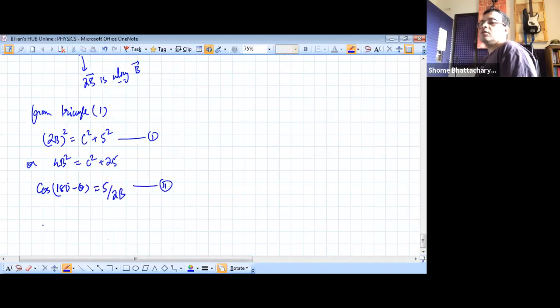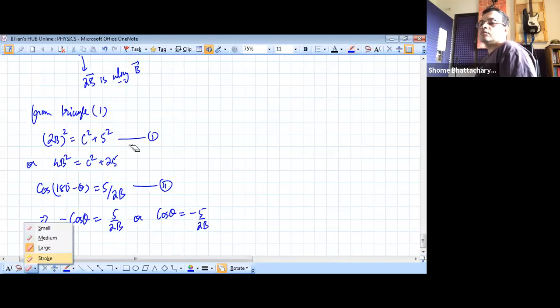That's my second equation. Now cos 180 minus theta can be written as minus cos theta. So minus cos theta is 5 by 2b, or cos theta should be minus 5 by 2b. In fact, let's write these two equations as 1 and 2. This is what we are going to use. So this is equation 1.